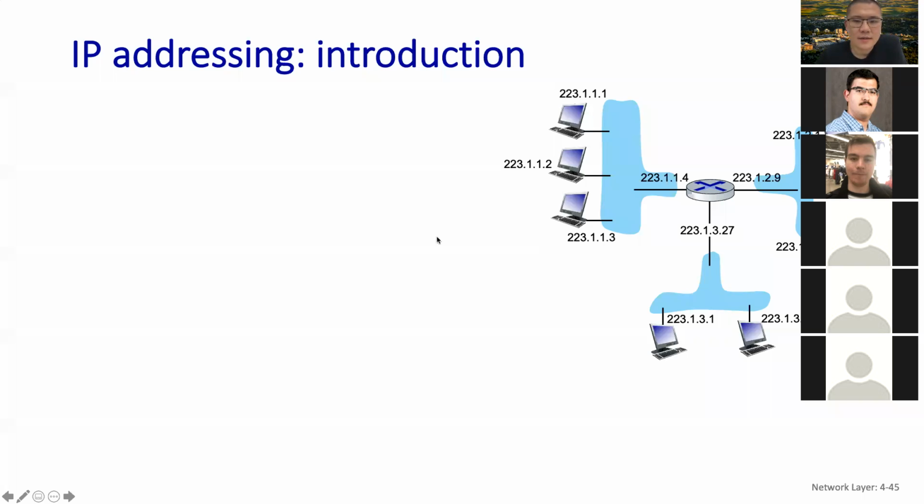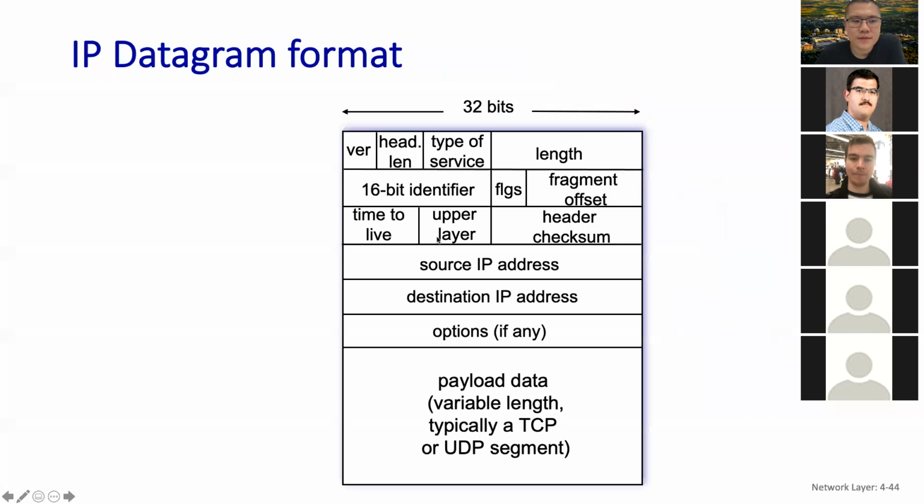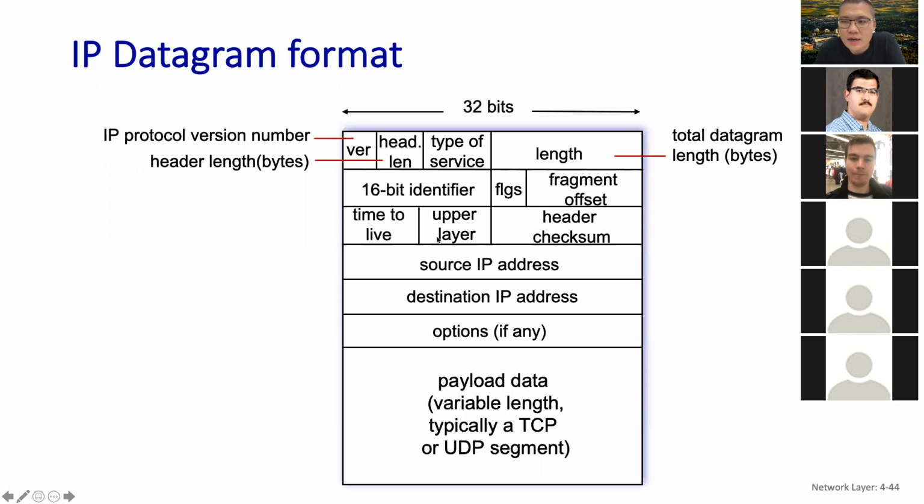Okay. I think last lecture we were talking about IP datagram format, right? Have different components here, different necessary information in the format, as we have already seen the HTTP format, TCP format. Different protocols have different formats.